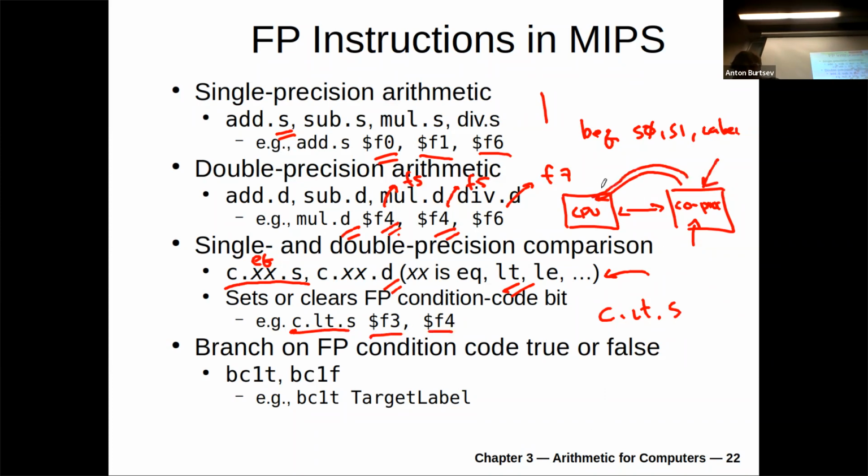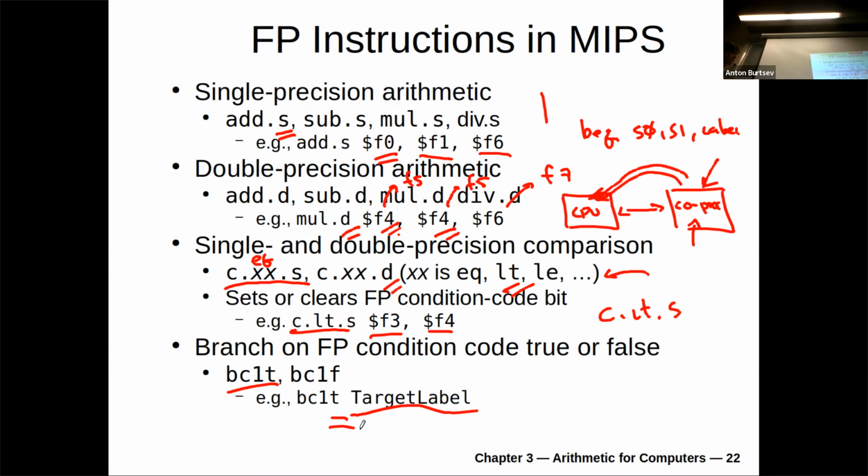Then the output of this operation will be sent to the main CPU, and your branch instruction will simply take the target label. It will read the result of this comparison from a hidden CPU register, which we don't even provide here as an argument, and simply say, if it's true, then it will jump. If not, then it will not jump.